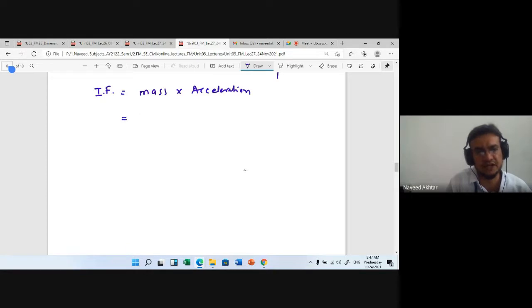Mass we write in terms of rho into L cube. Acceleration we write as L upon T square, where V square is equal to L square upon T square. So IF is rho L square V square.